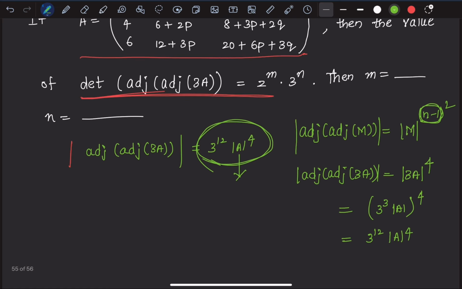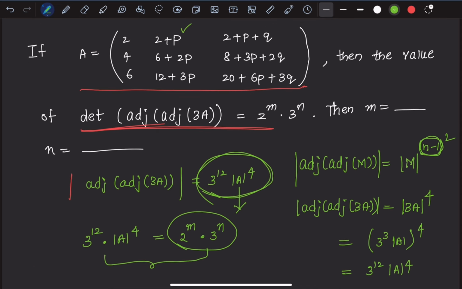It is also given in the question that 3 to the power 12 multiplied by (det A) whole power 4 is equal to 2 to the power m multiplied by 3 to the power n. If you observe this carefully, you will notice that the right hand side does not depend on either p or q.